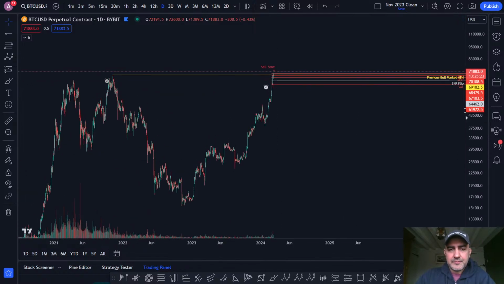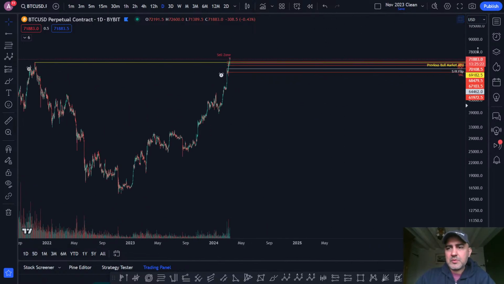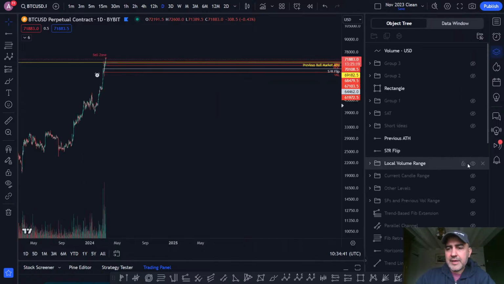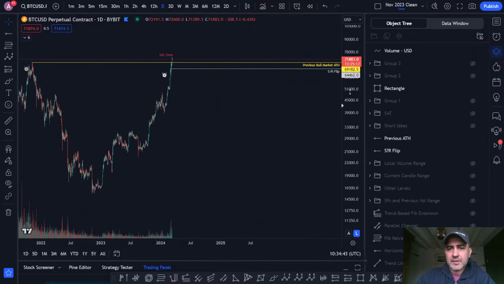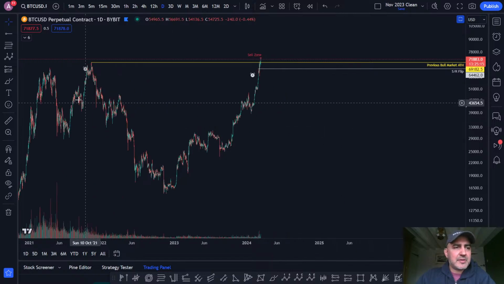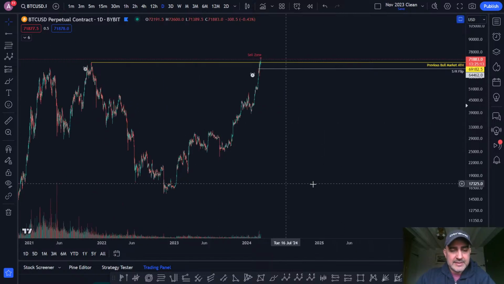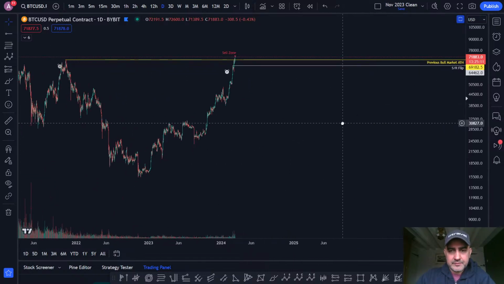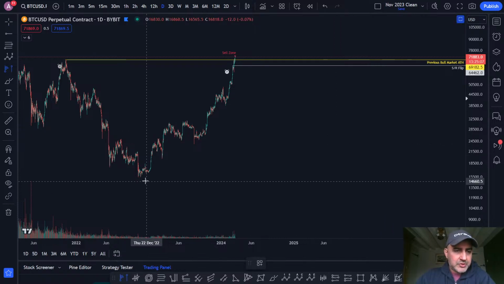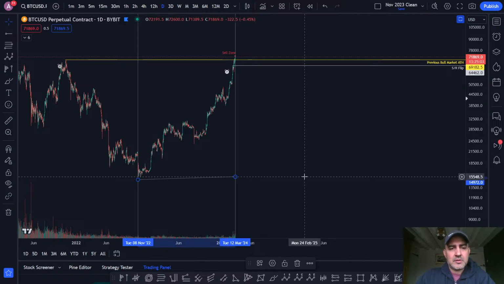I just want to show you something just to kind of enlighten your mind a little bit. If I take a volume pool just from this bear market low somewhere here to the current price.